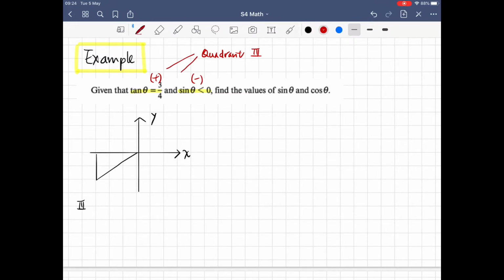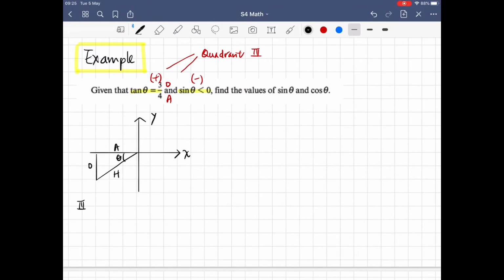Then we know that tangent theta represents O over A. So for the triangle that we construct, okay, we know that the theta is here, and then we have to identify the O, A, and H.